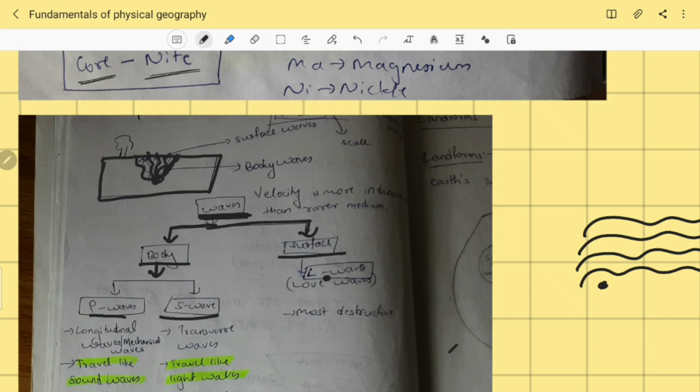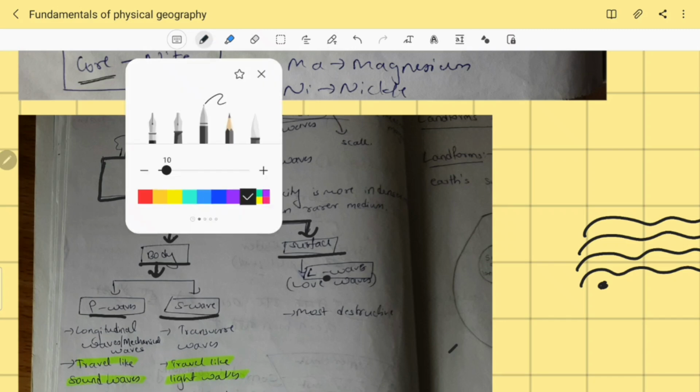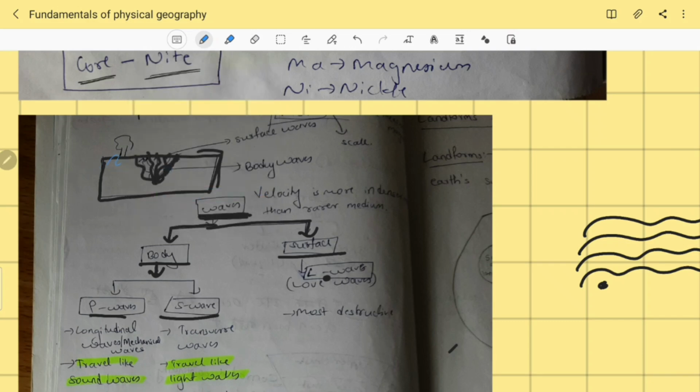Let me change the color of the pen. See, this is the body of the earth. So the waves which are in the body of the earth are body waves, and the waves that we feel on the surface of the earth, where you're standing, those are known as surface waves. I hope now you are clear with what are body waves and what are surface waves.